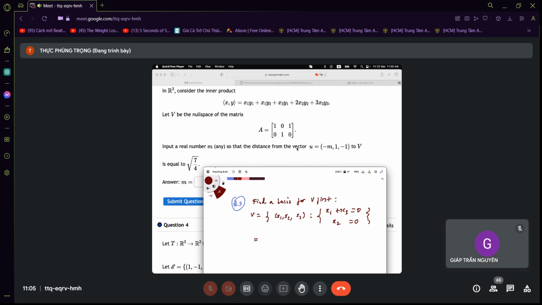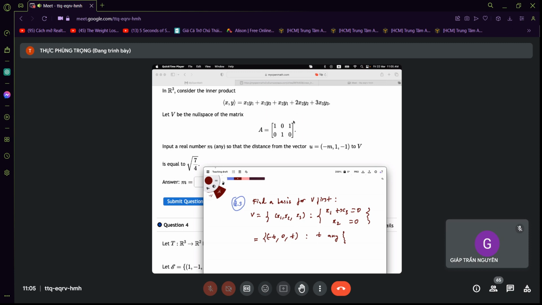So when you look at this, we have s3 as a free variable. So you may write minus t, 0, t, any number. You set this because the rank of A is 2 and you have 3 unknowns, right?